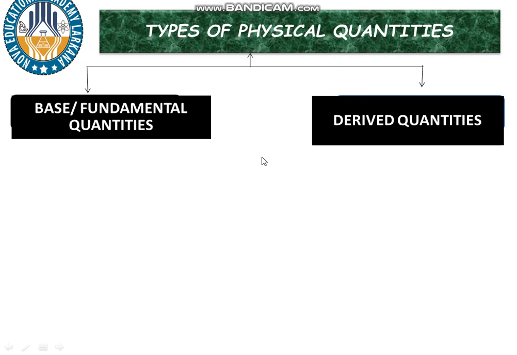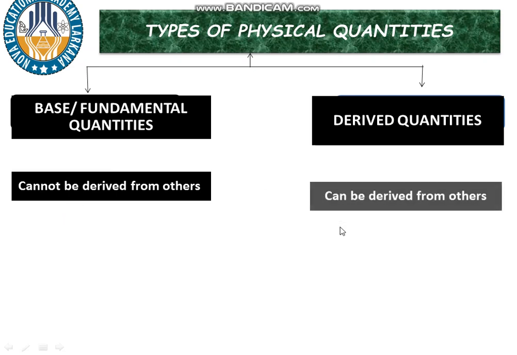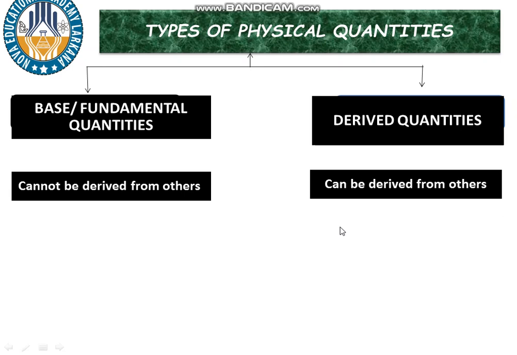So let's first differentiate between base quantities and derived quantities. Base quantities are fundamental quantities. These quantities cannot be derived from others. They have their own base. Derived quantities can be derived either from fundamental quantities or from other derived quantities.